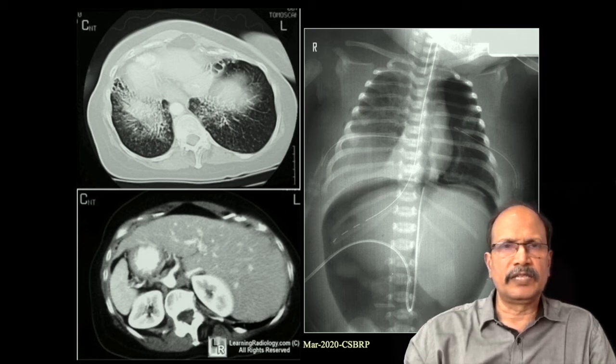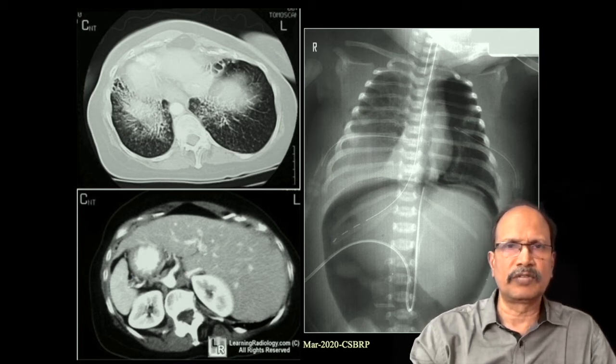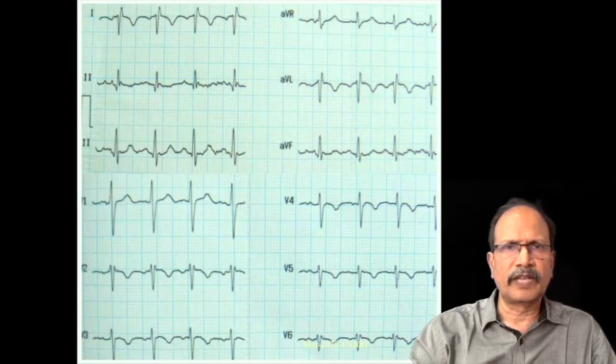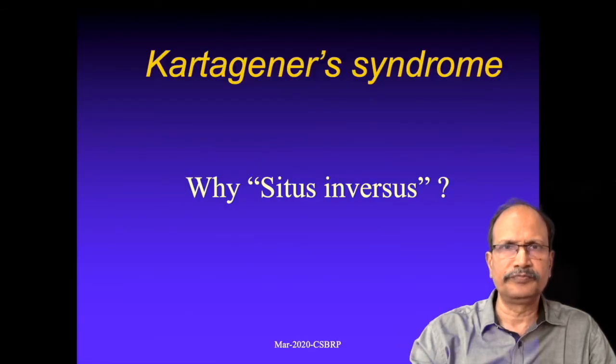Same thing in the CT, and chest X-ray, chest CT image showing pneumonic consolidation involving the lung fields. And if you take an ECG, you will see in the chest leads progressively decreasing R wave amplitude from V1 to V6. In a normal person, the reverse is true.